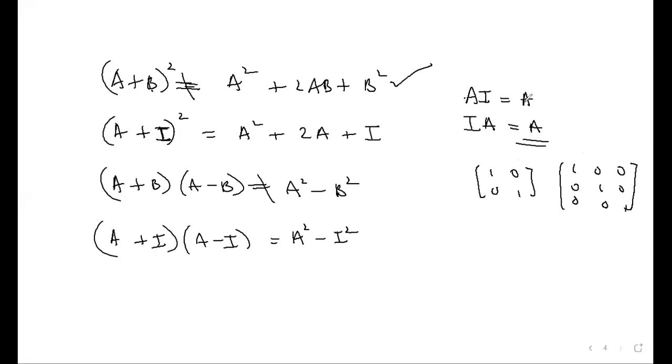Because A into I is also A, I into A is also A, so this is true. Here, this algebraic formula is not true in case of matrix, but this is true because if you have I in place of B, then you can apply the commutative property in case of matrix.